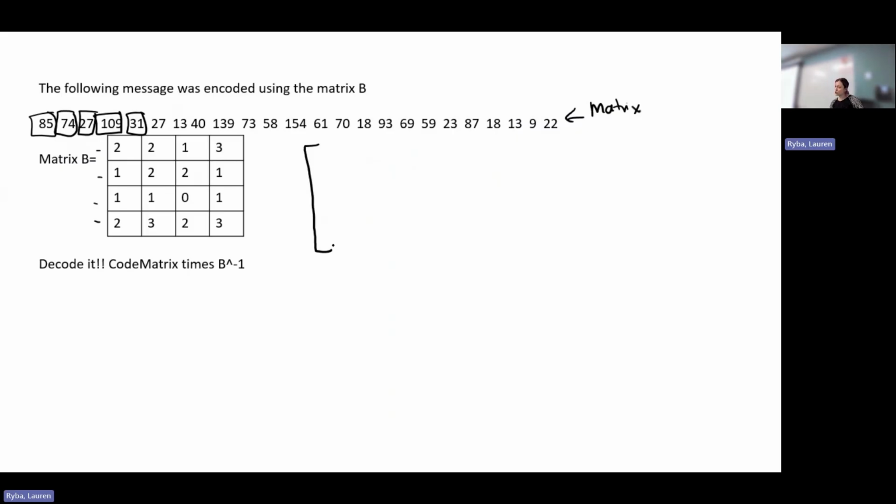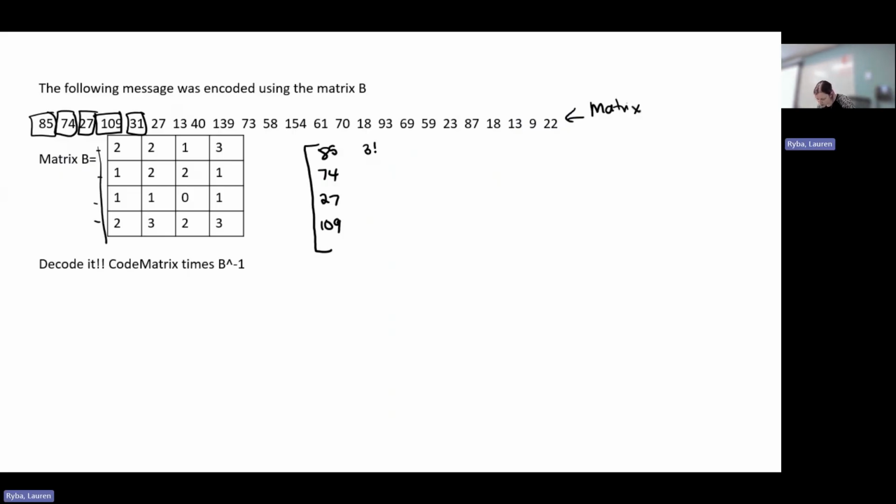Now, the way you do this is we're going to read across the string of numbers and fill in a column. Once I get to the end of the column for values, I'm going to go to the next column and start over. So 85, 74, 27, and 109. Again, I'm doing 4 rows because my encoding matrix here has 4 rows.